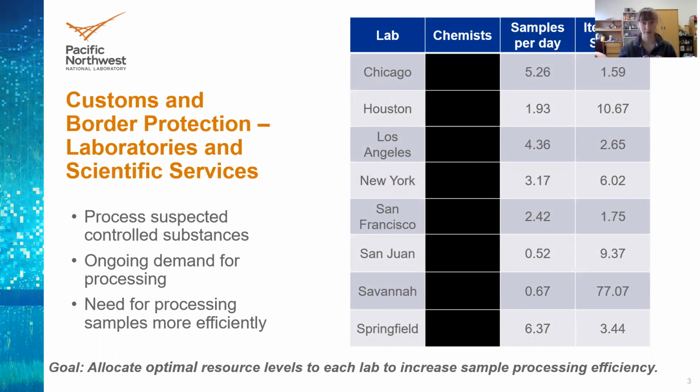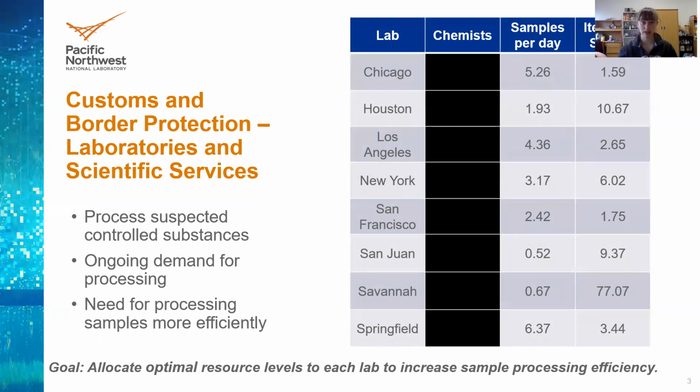But we have limited resources to deploy. There's only a certain number of chemists employed by the entire system of Customs and Border Protection. And so we want to find a way to assign these resources to different places so that the overall system risk, the overall risk for the entire thing, is reduced.